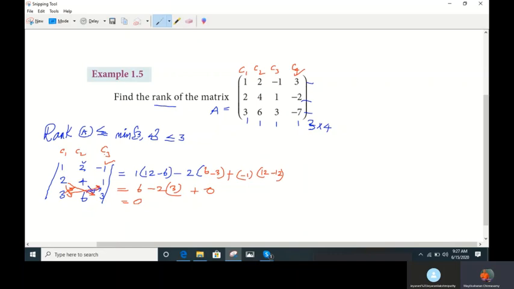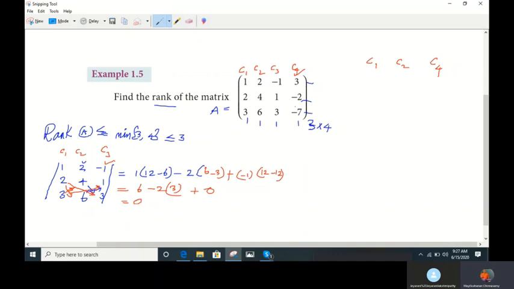Like that, you have to take the other columns. So how many minor matrices? 6 minor matrices will be there. That is C1, C2, C3, 1 minor matrix. Now take C1, C2, and instead of C3 take C4. Take another matrix, C1, C2, C4.